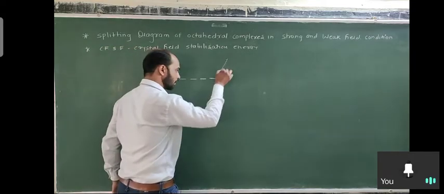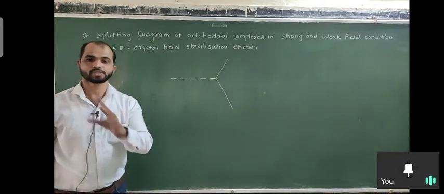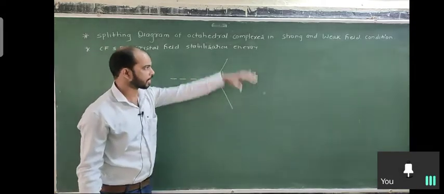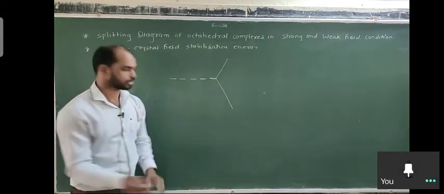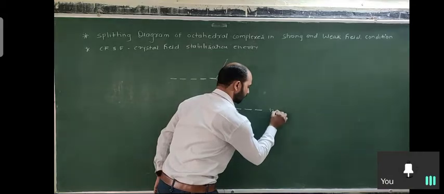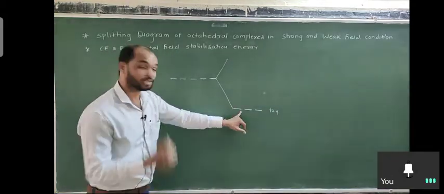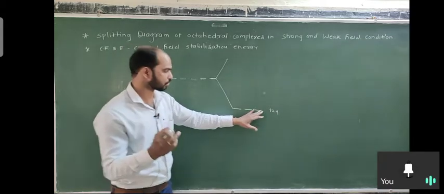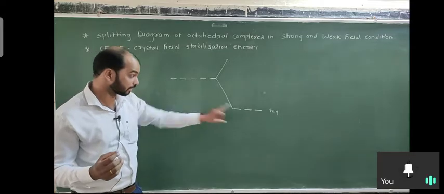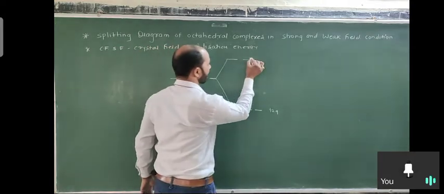Once these 5 orbitals are split, there are 2 sets of orbitals. The total is still 5, in lower and higher sets together. At the bottom the energy level is T2g, which means you should show only 3 orbitals. Some students show 3, 4, 5, 6, 7. So only 3 at the lower energy level and only 2 at the higher energy level.